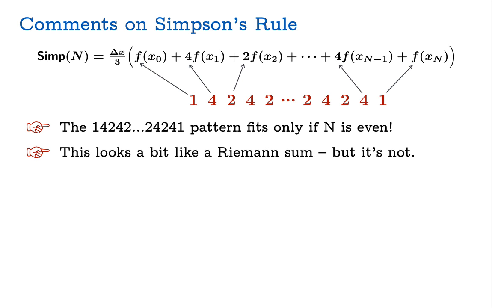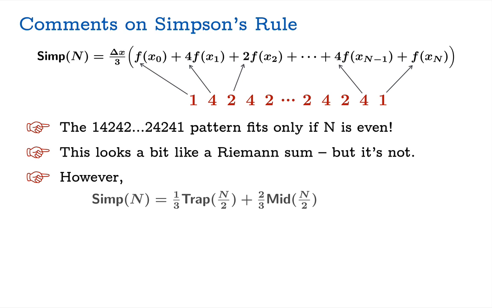This expression looks a lot like a Riemann sum, but it's not. But there's good reason for it looking like a Riemann sum. We're going to see later that Simpson's rule with n divisions happens to be equal to the weighted average of a trapezoid rule and a midpoint rule applied with half as many divisions.